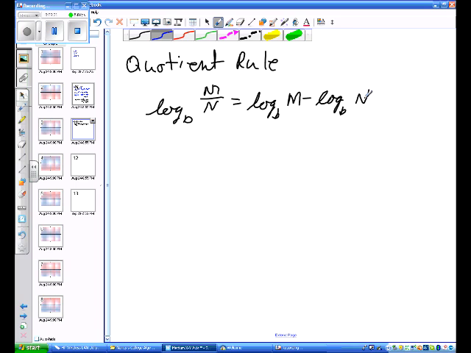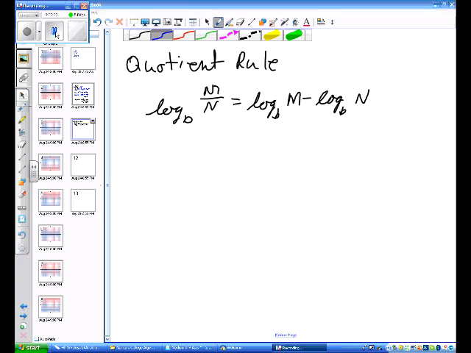Now this is where our base is not 1. Because again, we're looking at those same properties that we dealt with our logs to begin with. Back when we were defining our logarithms, we defined this that m and n would always be greater than 0.